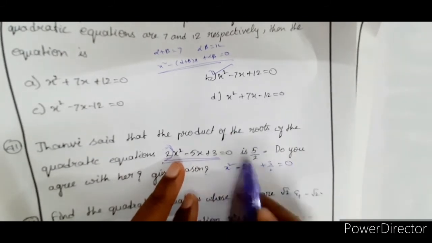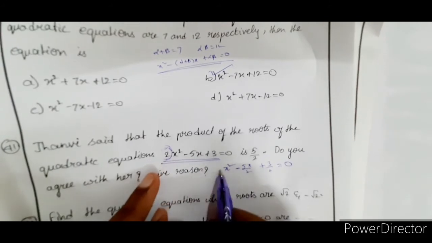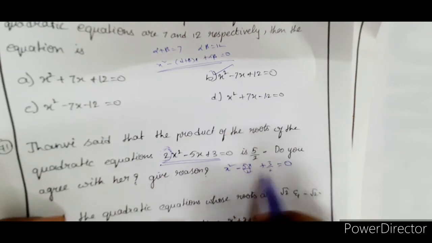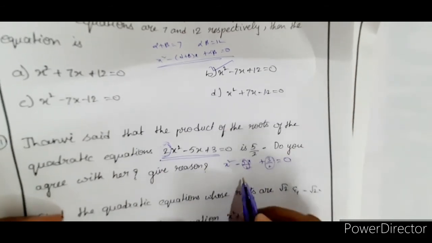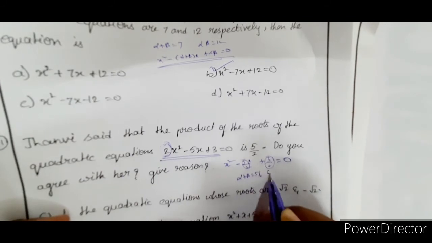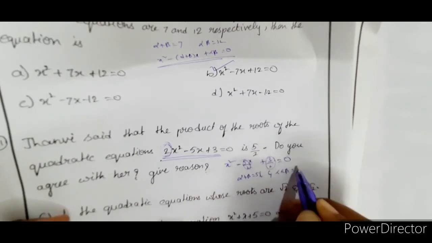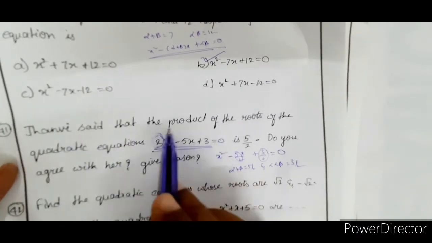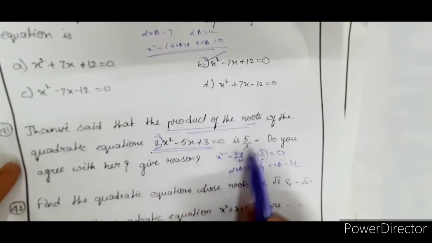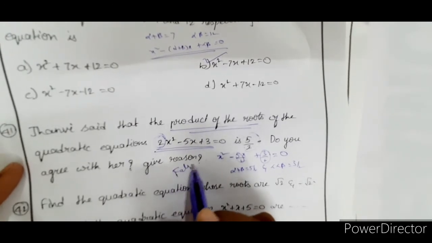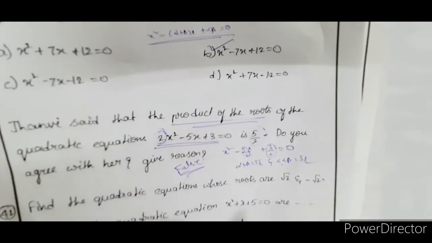The 2 got cancelled here. So now 5 by 2 is alpha plus beta and 3 by 2 is alpha into beta. So alpha plus beta is equal to 5 by 2 and alpha into beta is equal to 3 by 2. Janvi is saying that the product of the roots is 5 by 2, which is wrong. False. The reason is here.